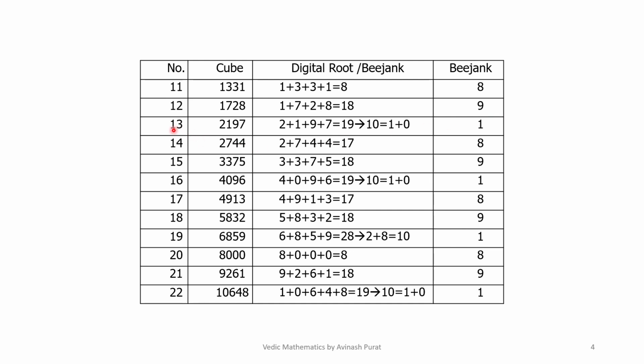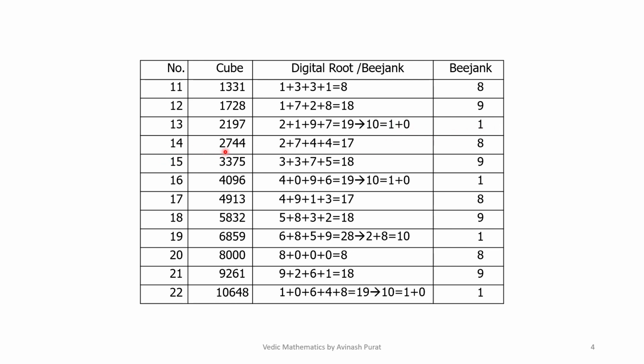Number 13, cube is 2197. Digital root or Beejank is 2 plus 1 plus 9 plus 7 equal to 19, that is 1 plus 9, 10, equal to 1 plus 0, that is Beejank is 1.